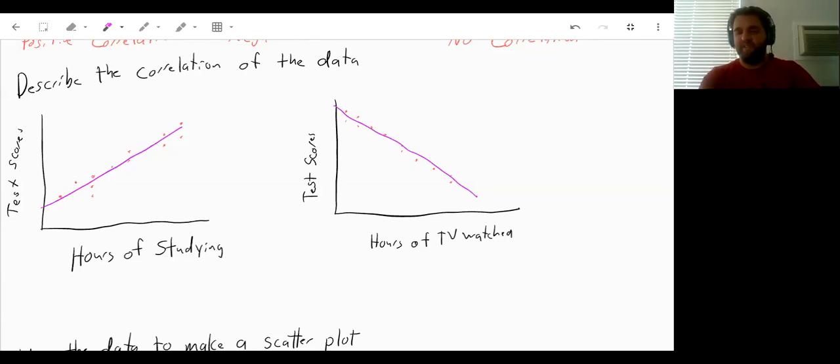Another example of this is that the number of drowning deaths in a year has a really strong positive correlation with the amount of ice cream sold. Now, eating ice cream is not going to cause you to drown. But you don't go swimming outside unless it's warm, unless it's summer.